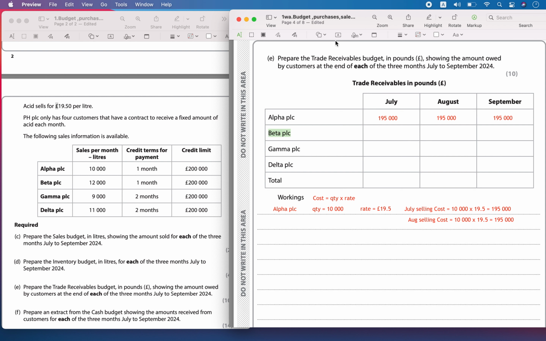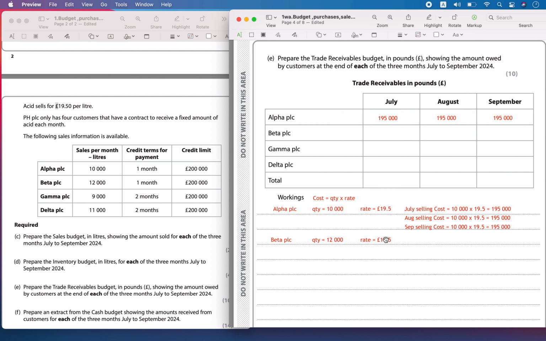Now let's calculate what happens for Beta PLC. The quantity sold is 12,000. The rate is the same for them also, the selling price is the same, and this is the same for the month of September also. So it remains the same for all three months for Alpha PLC.